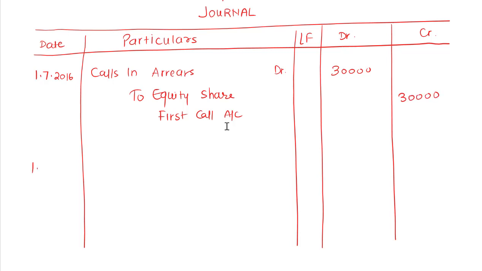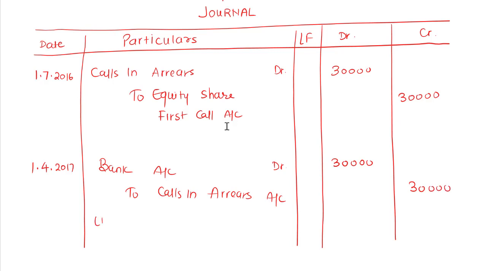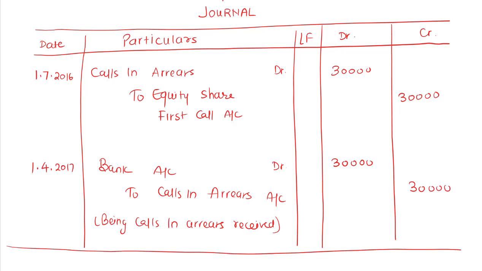On 1st April 2017, amount is paid, so bank account debit 30,000 to calls in arrears account 30,000. Being calls in arrears received. I believe you understood. Let us continue.